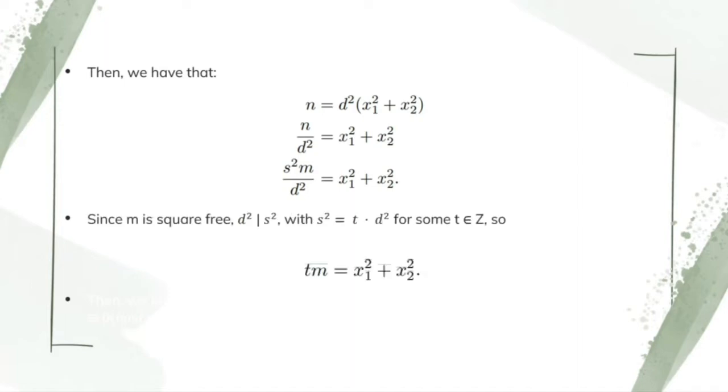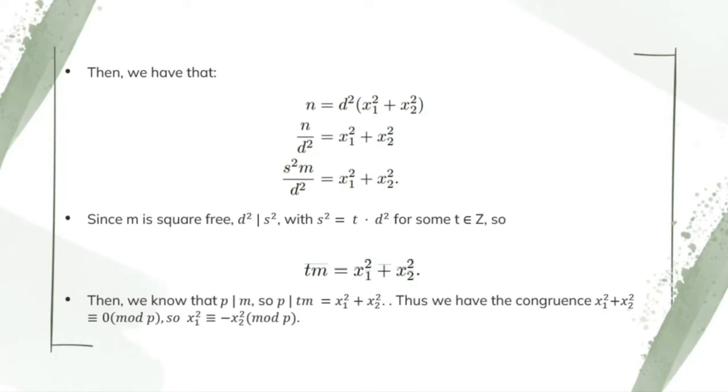Since m, we said before, is square free, s squared is divisible by d squared, with s squared equal to t times d squared for some t in the integers Z. So, tm equals x1 squared plus x2 squared.